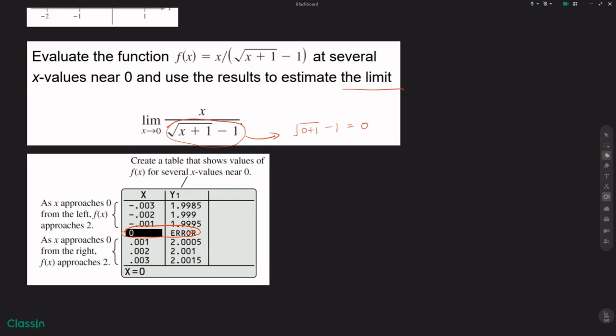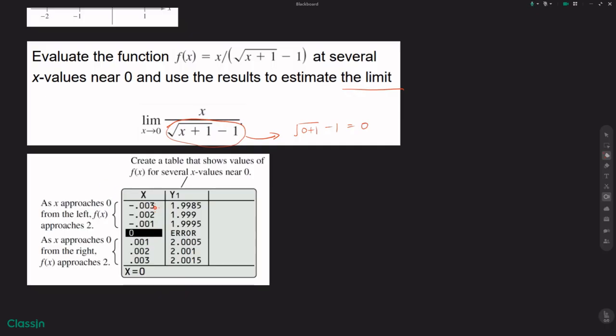But as long as you avoid taking x to be exactly 0, you can try, say, plus or minus 0.001, or even getting farther away. But you know that the essential idea of limits is that you want to take x to be as close to the number you want.